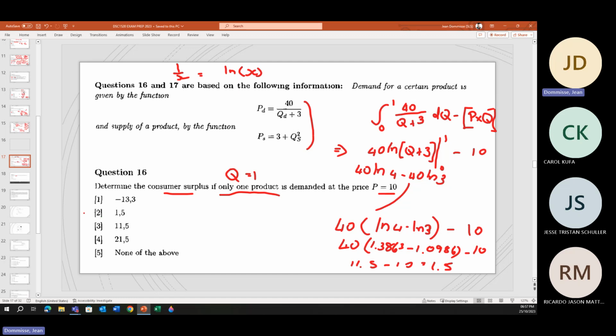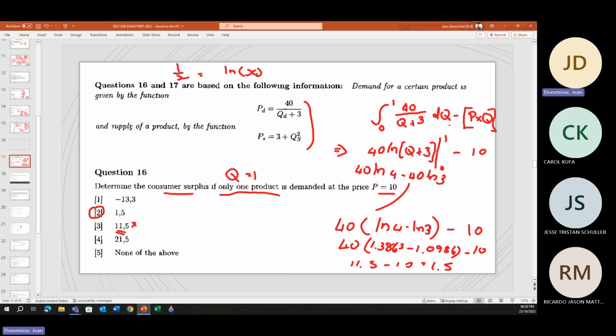Okay, see, there's the 11.5 as well. So just remember always the part that we also need to subtract, and you will see that from a page I will send you guys later tonight. If you only worked out that first part, there's unfortunately an answer.